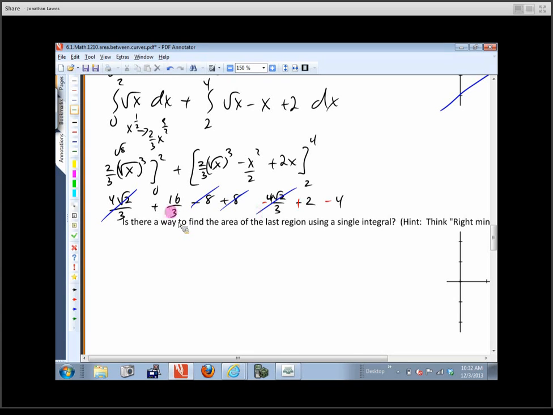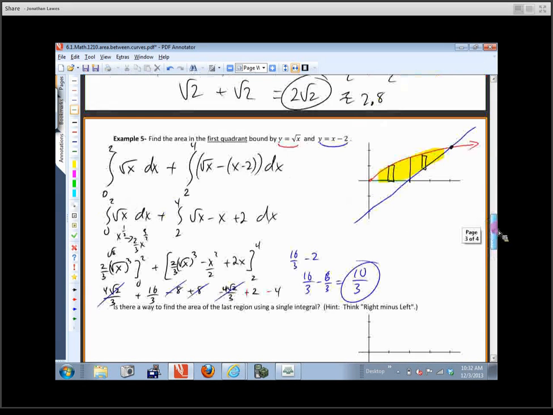And let's see, I get 16 thirds minus 2. So that's going to be 16 thirds minus 6 thirds. So that's going to be 10 thirds is our answer on that one. So after that big mess, we end up with a relatively nice answer of 10 thirds. Any questions?